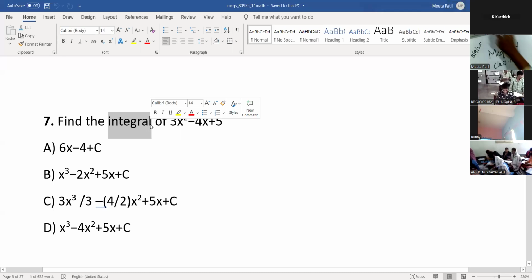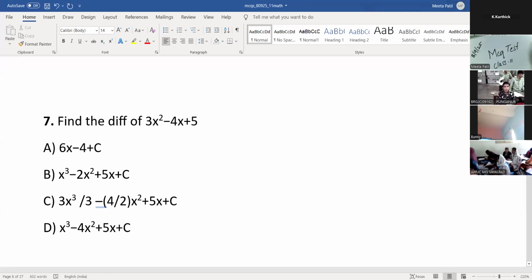Find the differentiation of 3x² - 4x + 5.